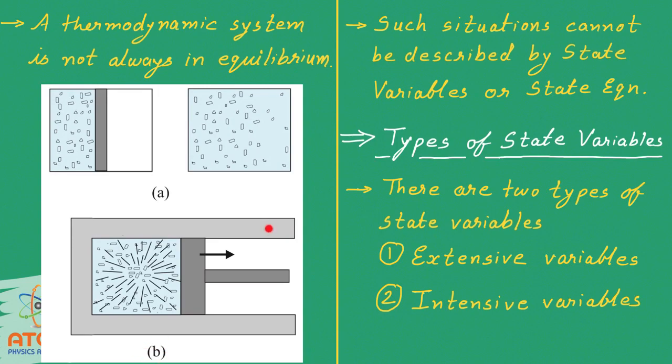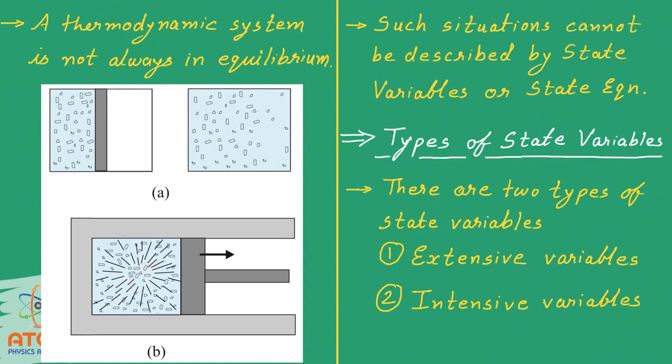Here this example is of a fuel engine, right? This is a cylinder, here is a piston, and here is fuel in a vapor form mixed with air. Now when an explosion takes place, the chemical reaction starts, and that's why everything is changing.